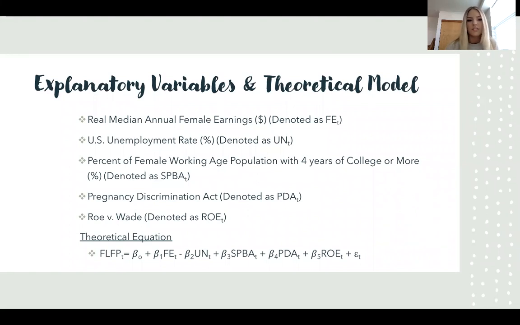So that is also a percent and is denoted as SPBA. We have the Pregnancy Discrimination Act denoted as PDA and the Roe versus Wade denoted as Roe. The theoretical equation at the bottom shows the variables with the hypothesized relationship to female labor force participation, which I will talk to you about in the next slide.